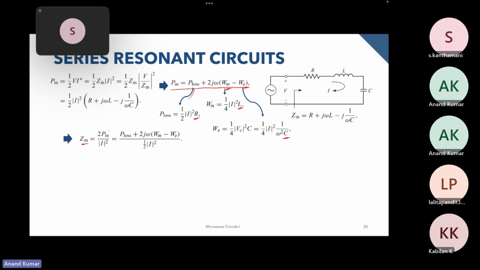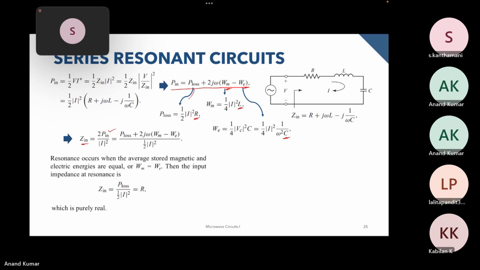Okay, so resonance will occur when the imaginary term becomes zero, which will happen when the magnetic energy stored in the inductor becomes equal to the electric energy stored in the capacitor.